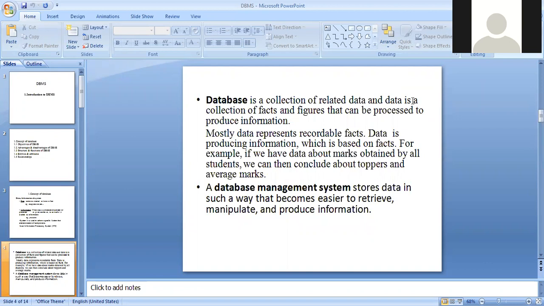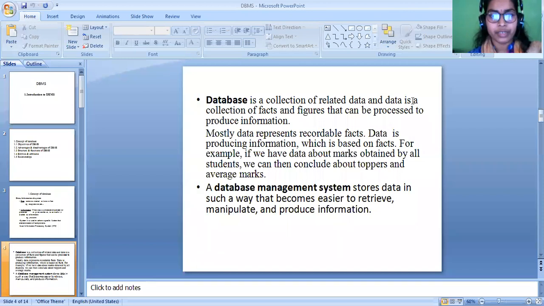Next, database. What does database mean, and why is it important? A database is a collection of related data, and data is a collection of facts and figures that can be processed to produce information. For example, we can record contact numbers on our mobile phone under a person's name or a friend's name, so we can access that database on our mobile phone.